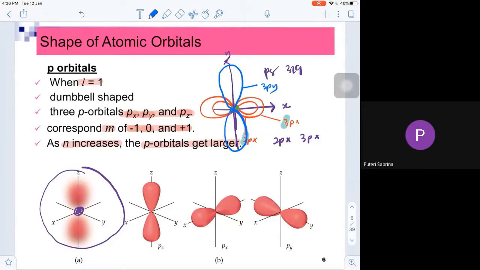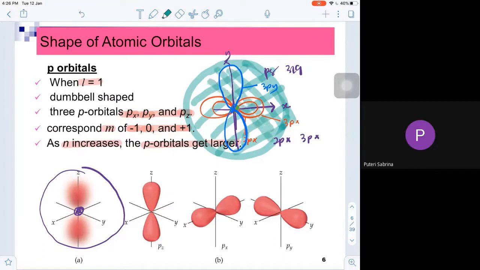Still, they are all based on the same nucleus because we are having the same atom. All these orbitals are in an atom.